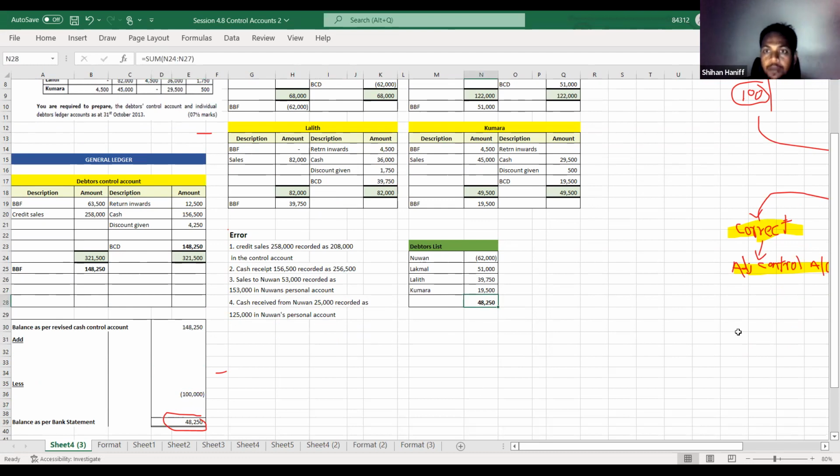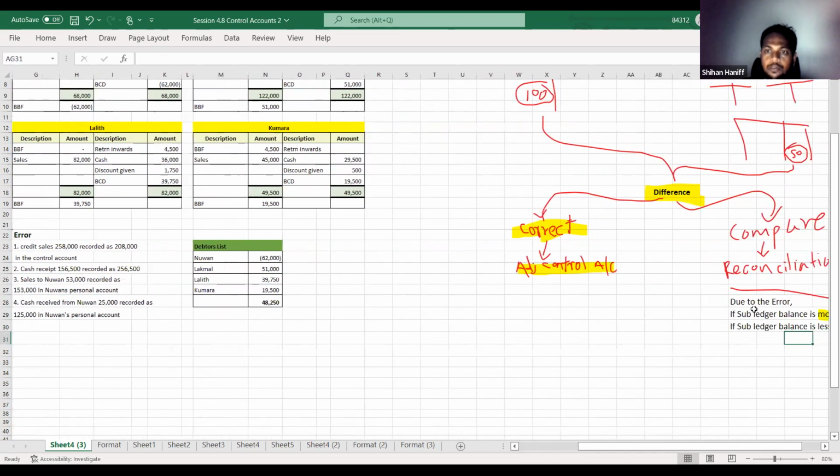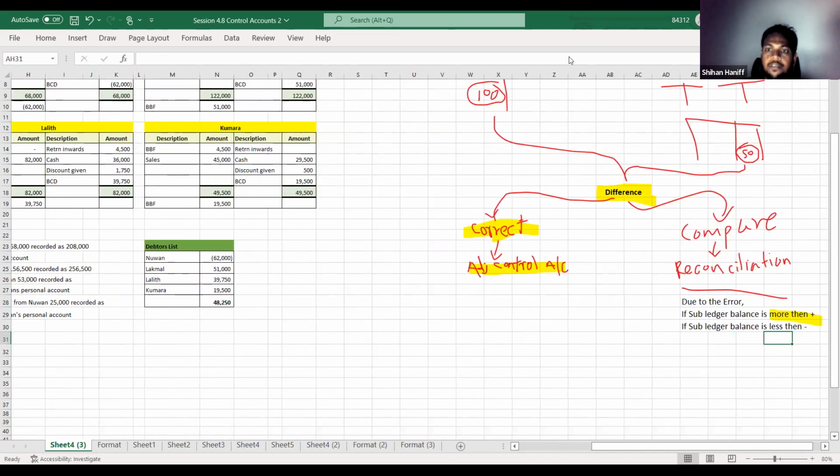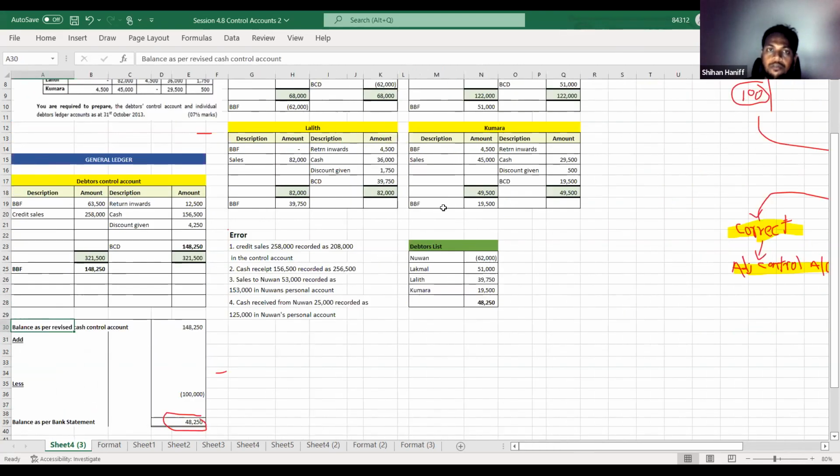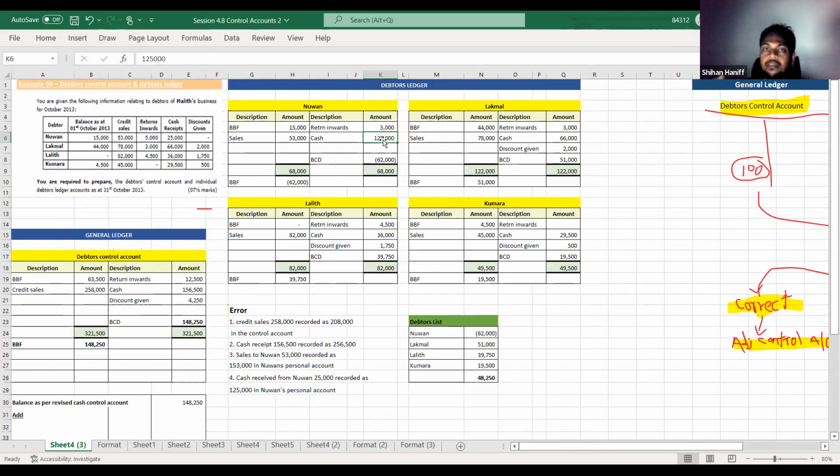So going back to our reason: due to the error, if the sub-ledger balance is less, then minus. Simply remember, if the sub-ledger balance is less, minus. If the sub-ledger balance is more, then plus.